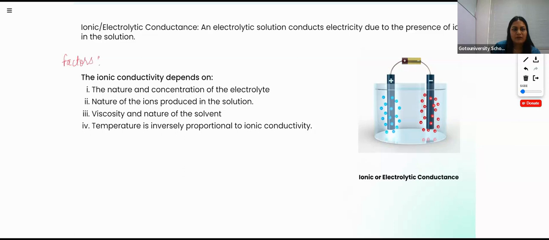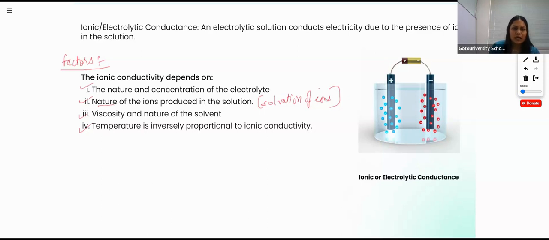The factors on which ionic conductivity or electrolytic conductivity depends are the nature and concentration, the nature of ions produced, in which we will discuss the solvation of ions, the viscosity and nature of the solvent, and the temperature, which is directly related to ionic conductivity.